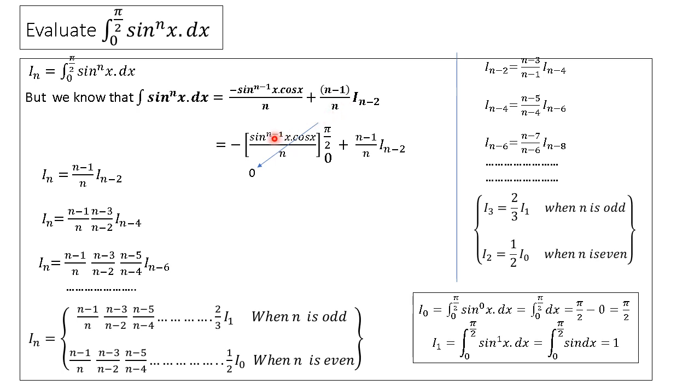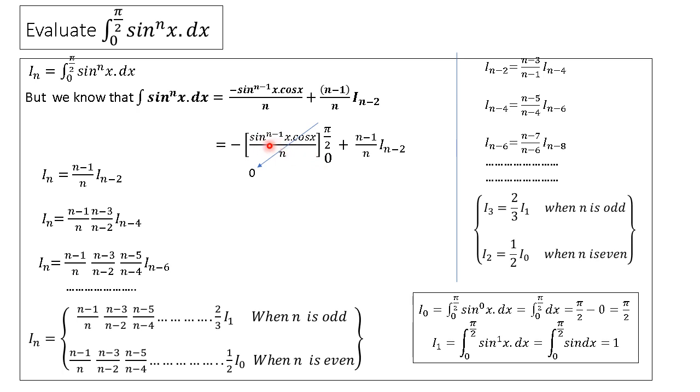Next, applying the upper limit, cos pi by 2 is there in the numerator, and cos pi by 2 value is 0. 0 into any number is 0. Applying the upper limit, we get 0 minus the lower limit. At the lower limit, sin is there in the numerator.